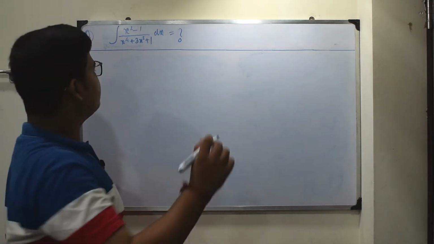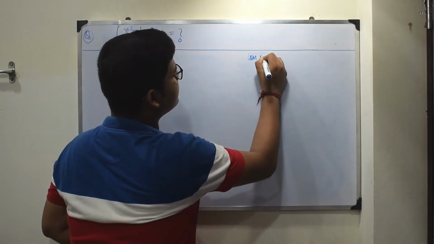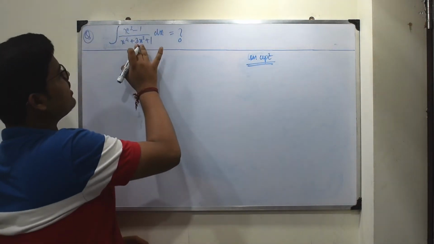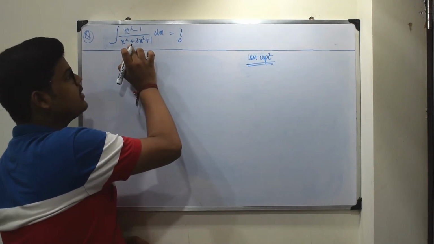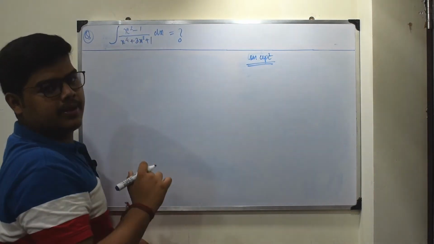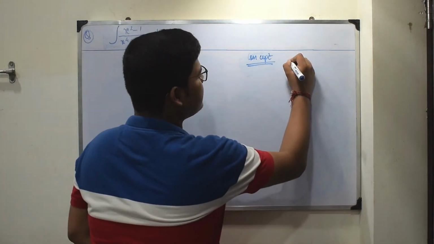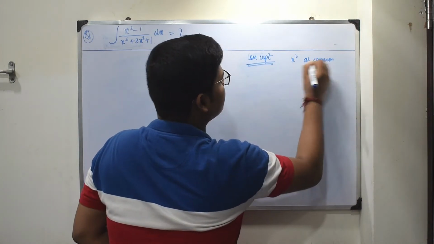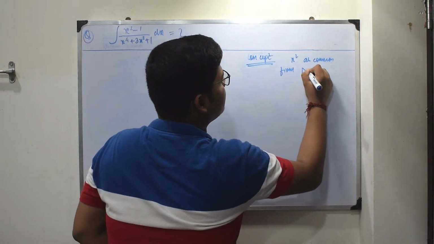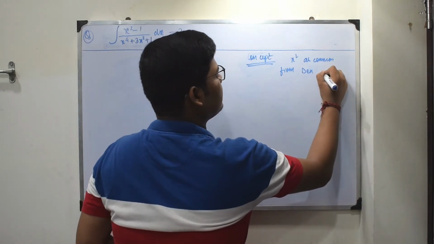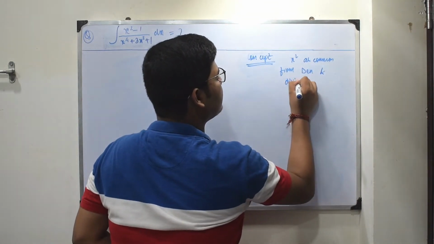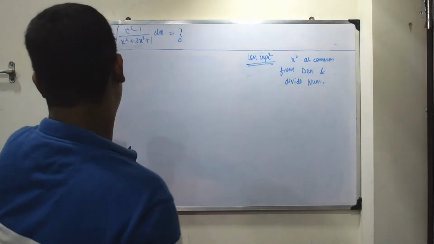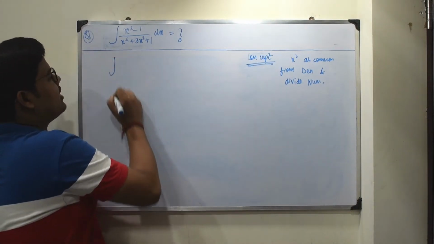So the concept used here is, we just need to take x square common from the denominator and divide it with the numerator. Let's do it. And this is the last question of integration.